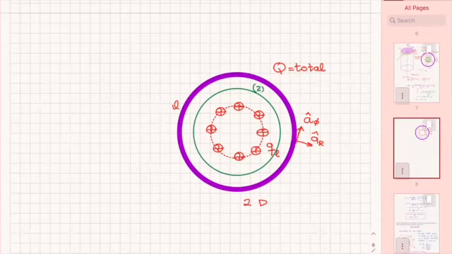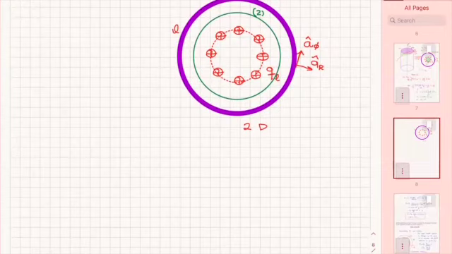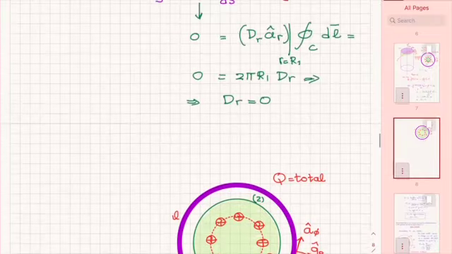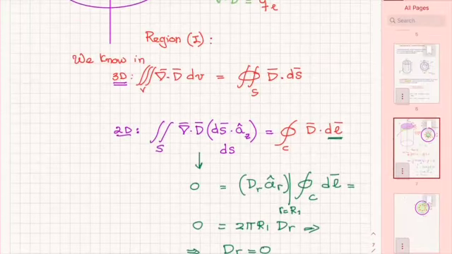If I do exactly the same thinking as before, this is gonna be C, and this is surface S. I'm not going to rewrite everything from the beginning because it's the same problem. It's just that the divergence of D is going to be equal to this Q sub L. So I'm going to write this expression here.